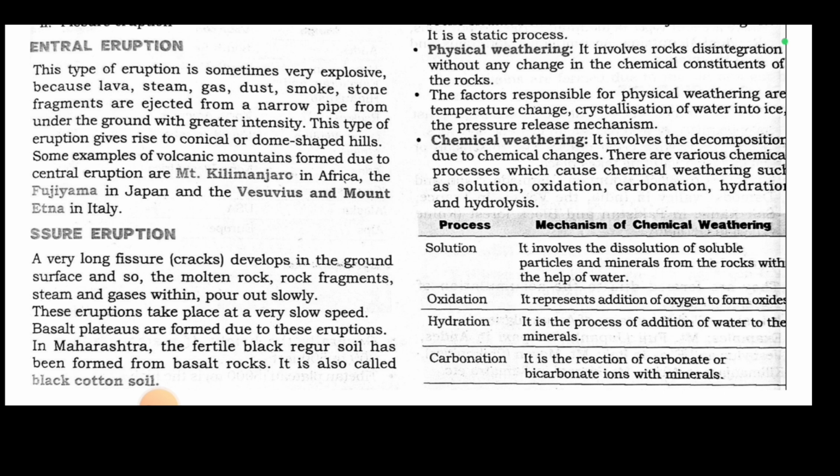This type of eruption gives rise to conical or dome-shaped hills. Some examples of volcanic mountains formed due to central eruption are Mount Kilimanjaro in Africa, Fujiyama in Japan, and Vesuvius and Mount Etna in Italy.